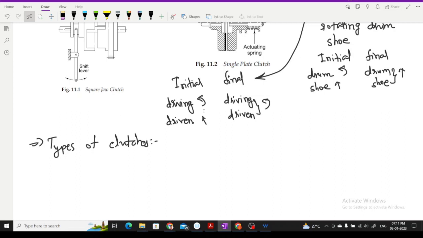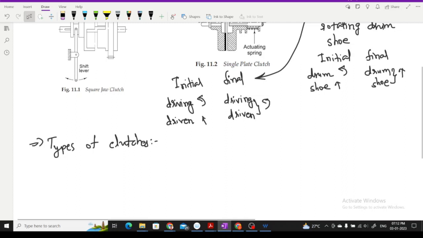Once you shift to the first gear, transmission of torque will start from the driving shaft to the driven shaft, with the driving shaft in motion and the driven shaft stationary or in some other condition. So your driving shaft will take your driven shaft to the same speed at which it is rotating.